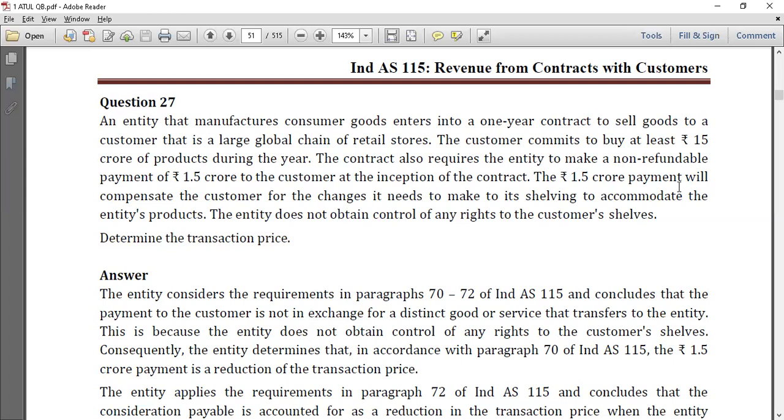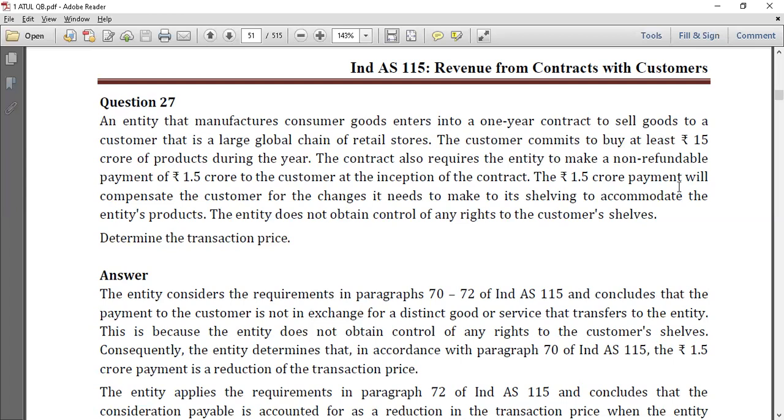Because here the 1.5 crore is a payment that will compensate the customer, who is taking the shelf space.